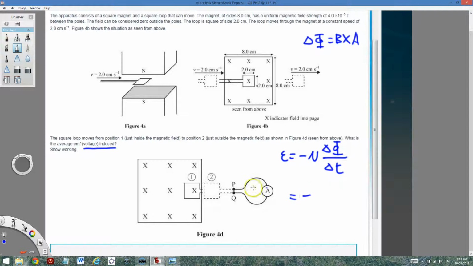So minus the magnetic field times area. But we have a speed. For this question, it's really just easier to use another formula, which I didn't introduce. So, let me introduce it now.